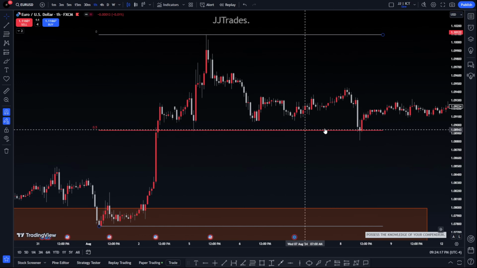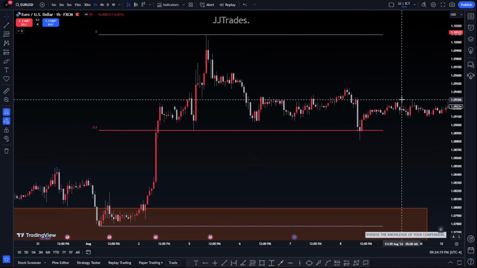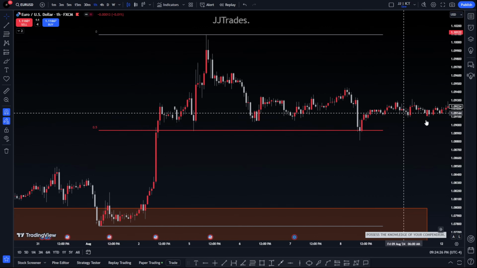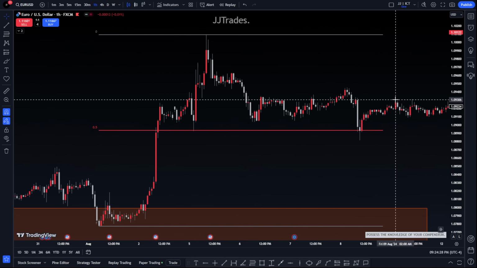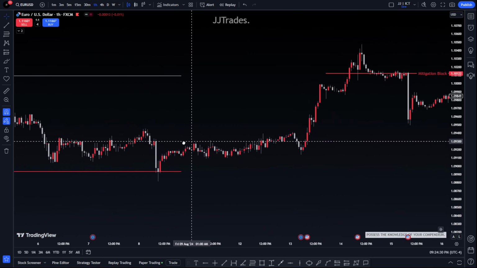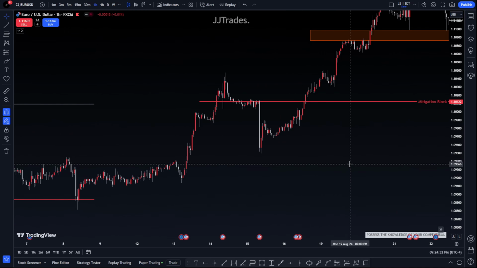It respects the equilibrium. Let's say we're looking for longs, or buys, or we're bullish for the rest of the week after the equilibrium touch, the respect of the equilibrium. It goes higher. It does.